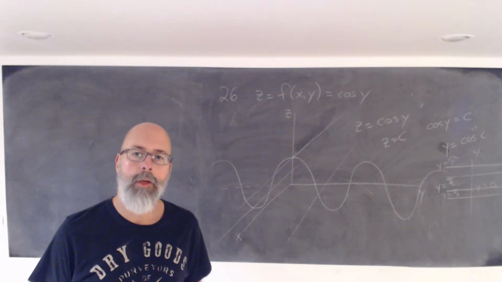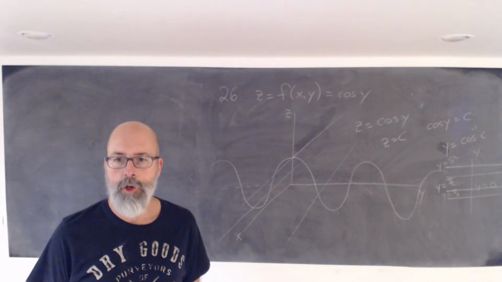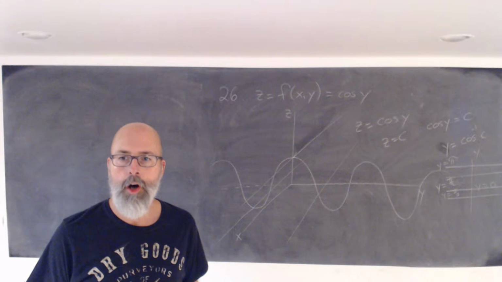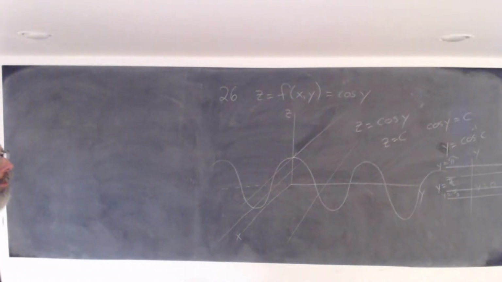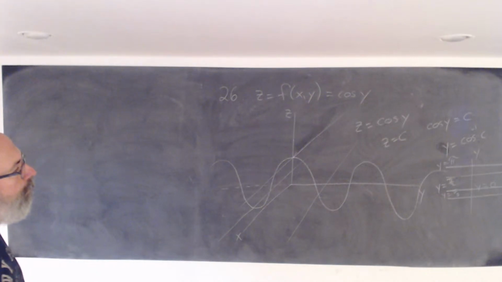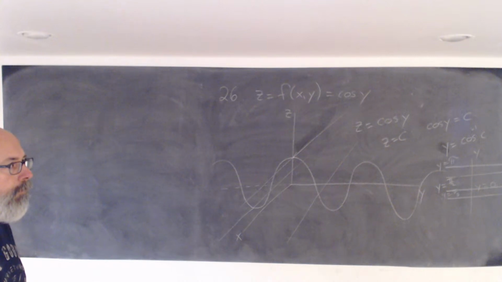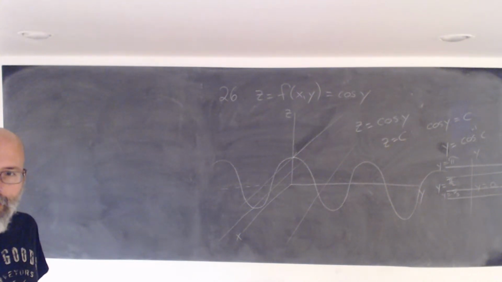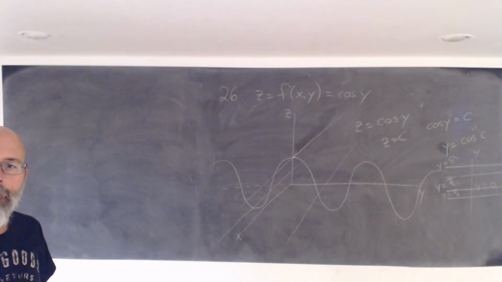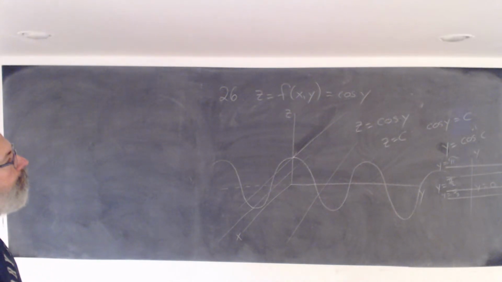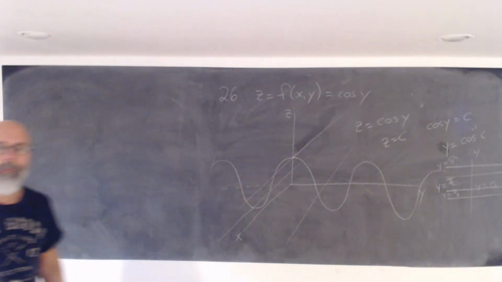So y equals inverse cos of c is a top view of the 3D graph. Okay, let's call it that. If you were to flatten everything, yeah, absolutely.